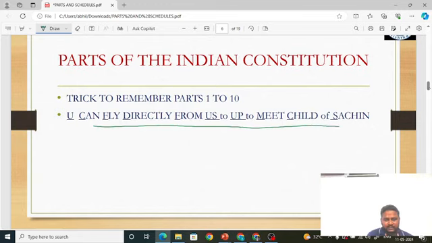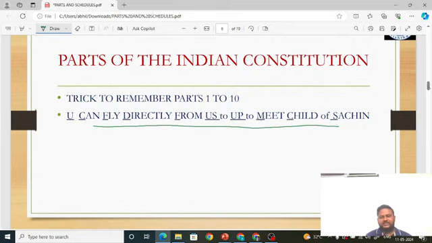You have to focus on the underlined words. U, C in can, F in fly, D in directly, F in from, U and S both in US, U and P both in UP, M in meet, C in child, and S in Sachin.